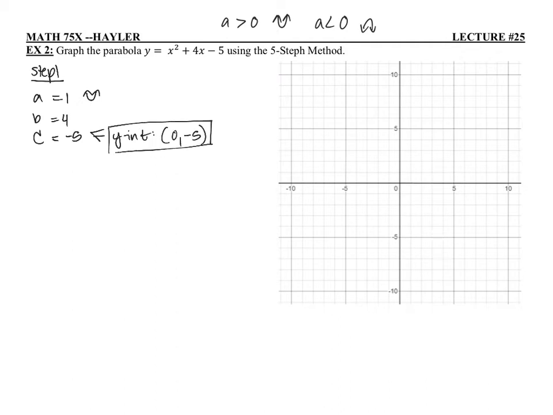Alright, so let's go ahead and plot these points as we're going. So let's see. Y-intercept is 0, negative 5. Right there. Okay. Step 2. So the next step, we're going to find the vertex.